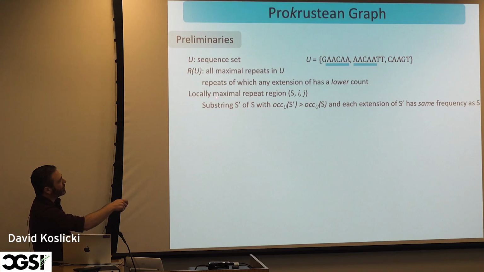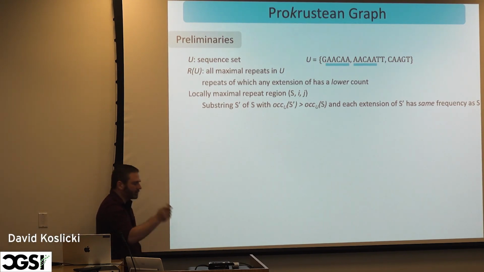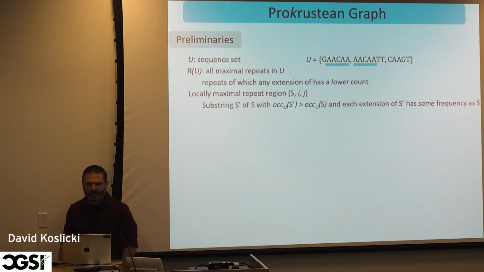Turns out that all these locally maximal repeat regions are a subset of these. So here again, this blue region right here is a locally maximal repeat region. This blue string, AACAA, shows up more than its parent string, but if you make an extension, it shows up just as equally. Okay, no more hard definitions after that.